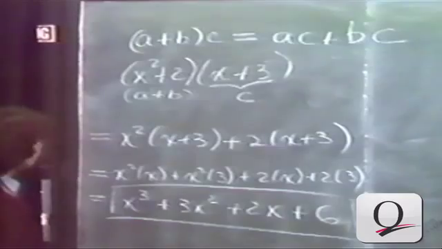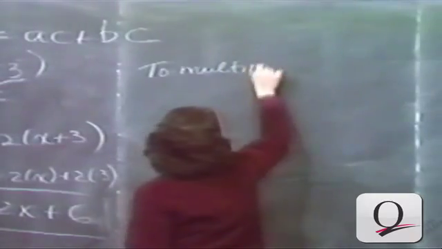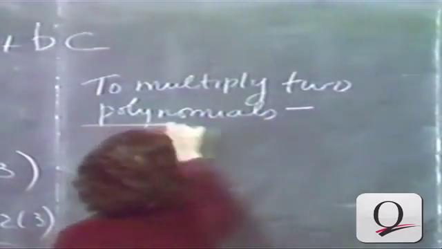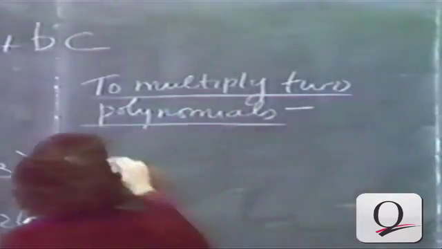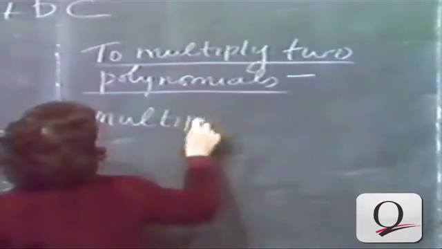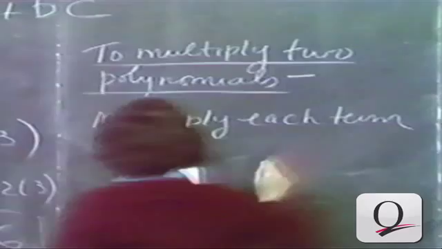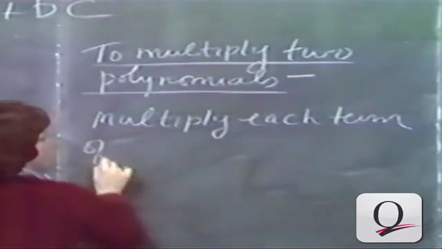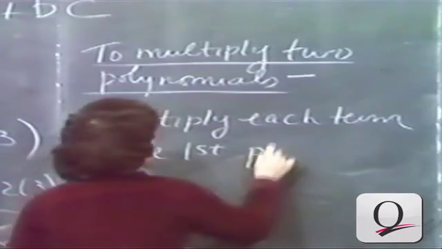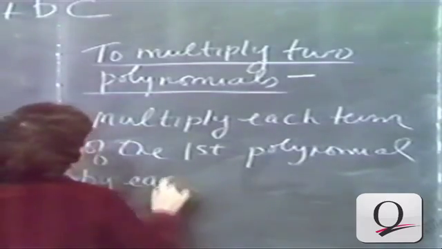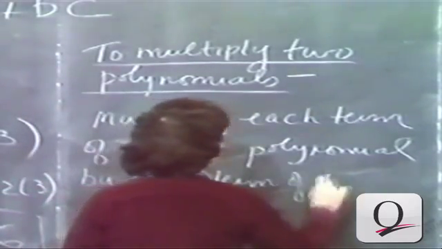Okay, and this is going to be our general rule for multiplying polynomials. To multiply two polynomials, multiply each term of the first by each term of the second.